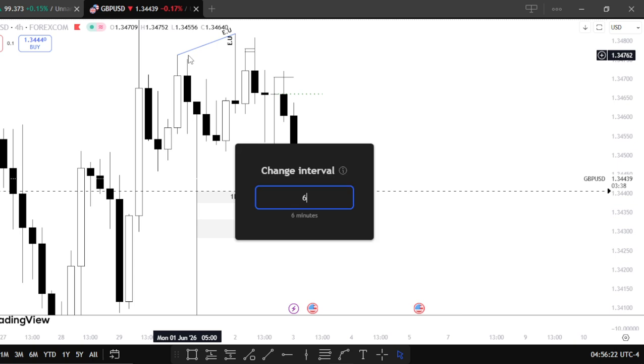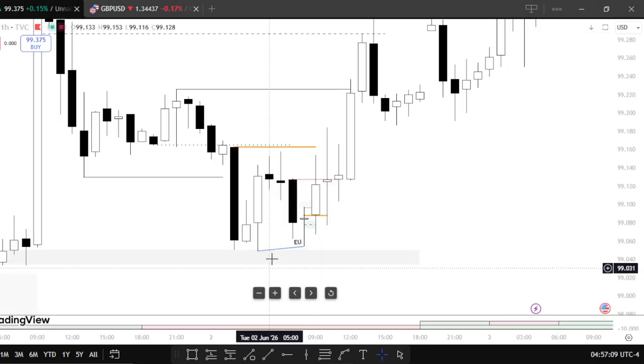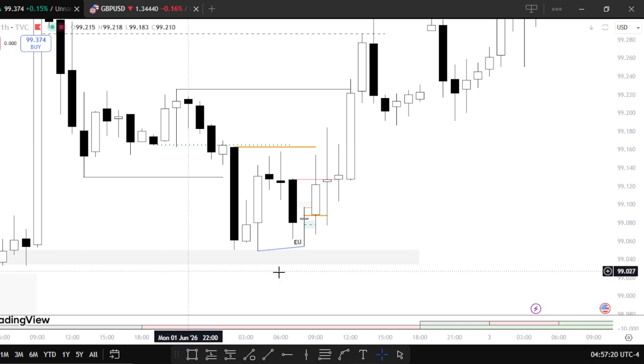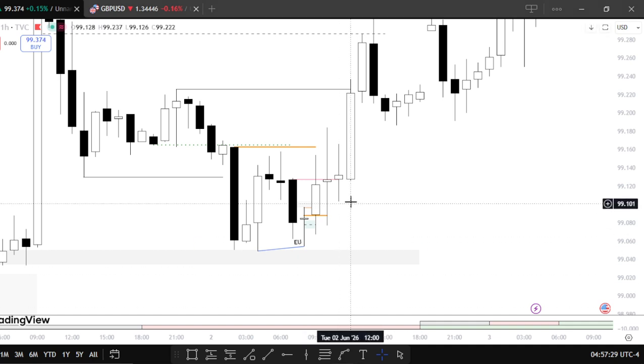Let me see, just here we had an SMT with EU. Okay, let's just wait a minute. Okay, with the DXY, SMT with EU, and this is the change.